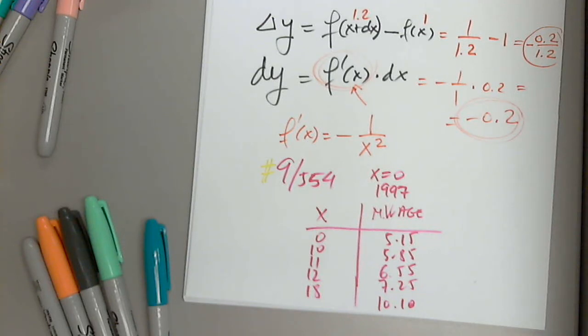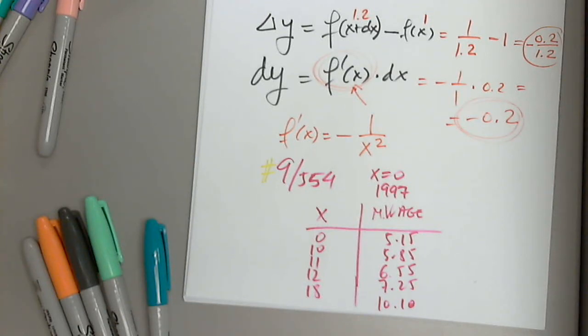And go to stat, go to calculations, and scroll down to the first linear regression, number 4. Press enter. No, it's not list L2 and L2, it's list L1 and L2. And now I want to calculate and give me the function.